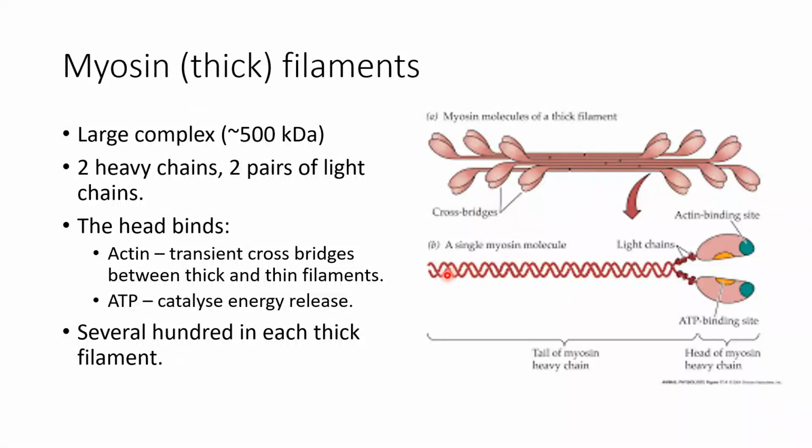When you take one myosin molecule, it has a heavy chain. The heavy chain has a tail, and this is the head of the heavy chain. And it also has myosin light chains in the tail and the head.